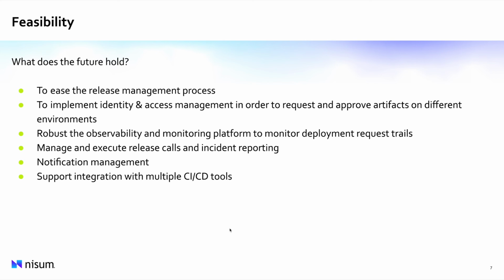We need to build a more robust observability and monitoring platform, and manage and execute release calls to manage different deployments which are going on for different releases. We need to also integrate a notification management system. Also, we can add support for multiple CI/CD tools.